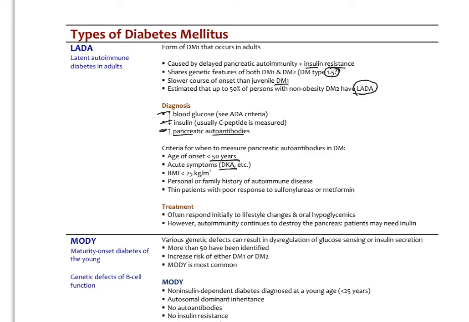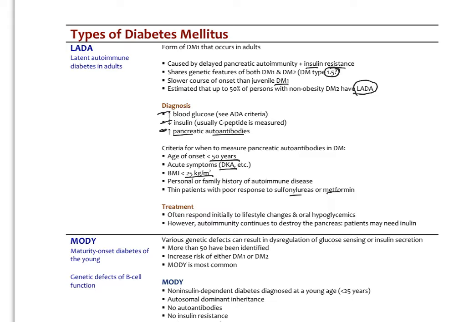A BMI of under 25, so a non-overweight or non-obese individual, or any personal family history of autoimmune disease, and that could include autoimmune thyroiditis, celiac disease, etc. And then any thin patients with a poor response to metformin, sulfonylureas, consider LADA.